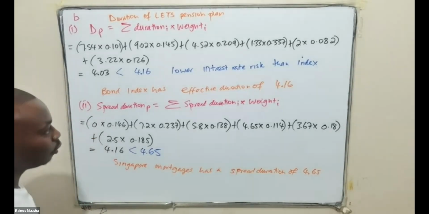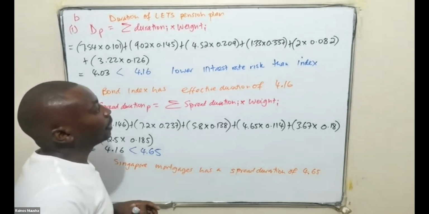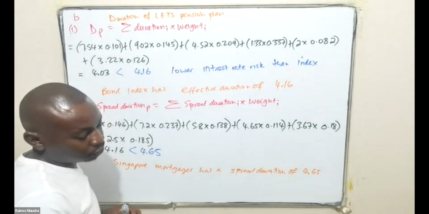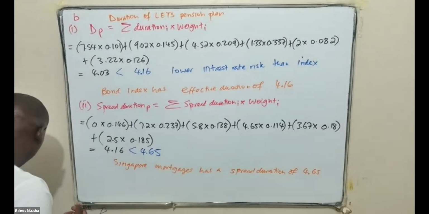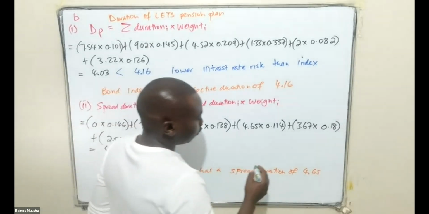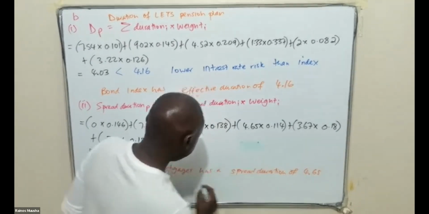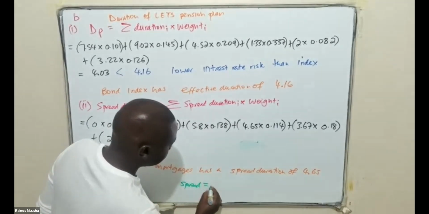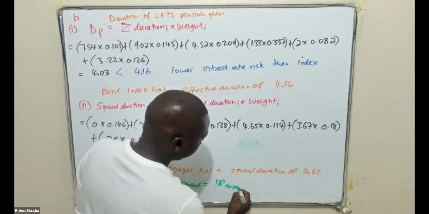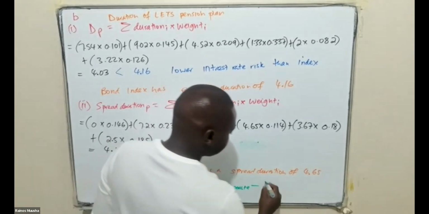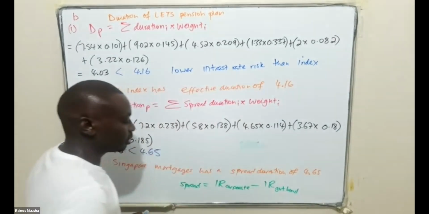So if our spread duration is lower than 4.65, it means spread duration measures credit risk, in the sense that when you look at the spread, your spread is the difference between the interest rate on a corporate bond minus the interest rate on a government bond, for example treasury securities.